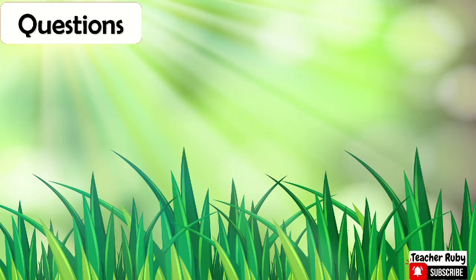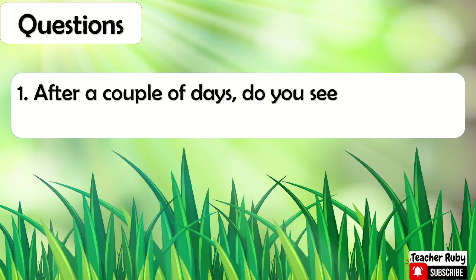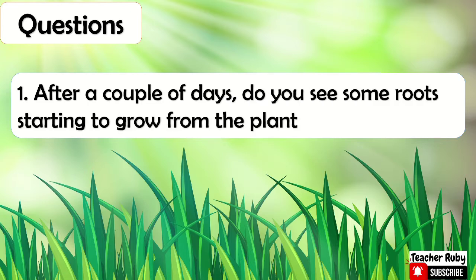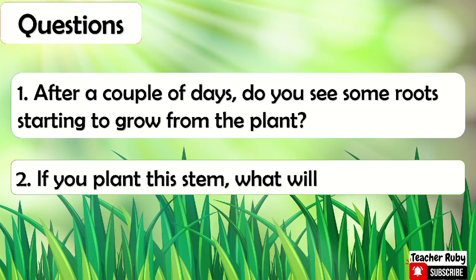After the video, let's answer these questions. After a couple of days, do you see some roots starting to grow from the plant? If you plant this stem, what will happen?